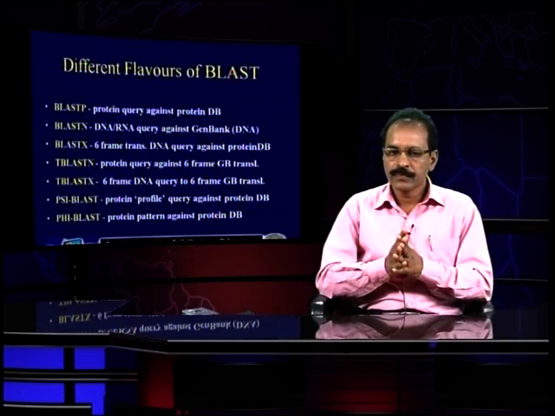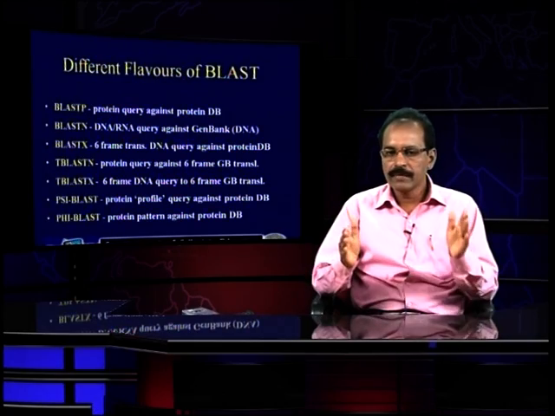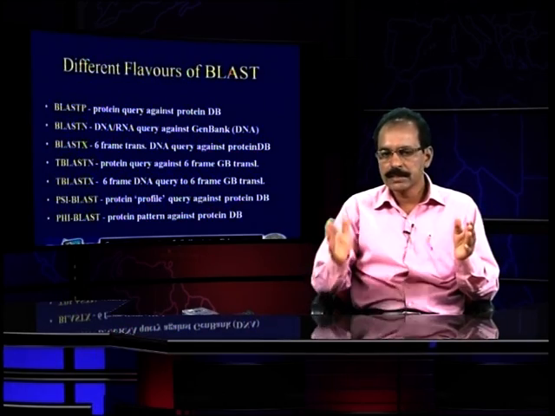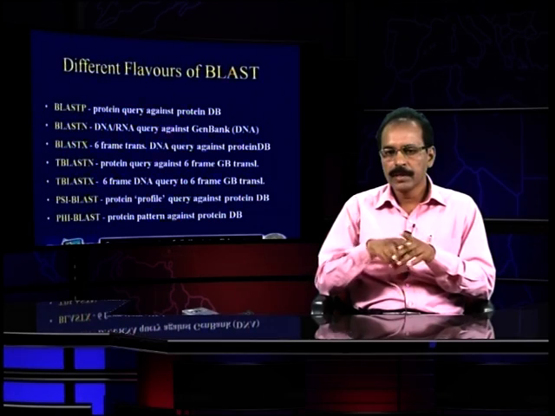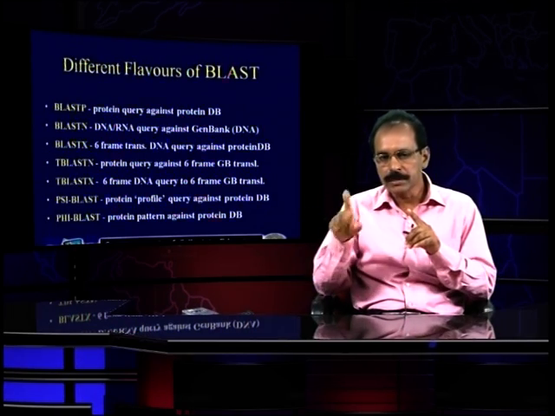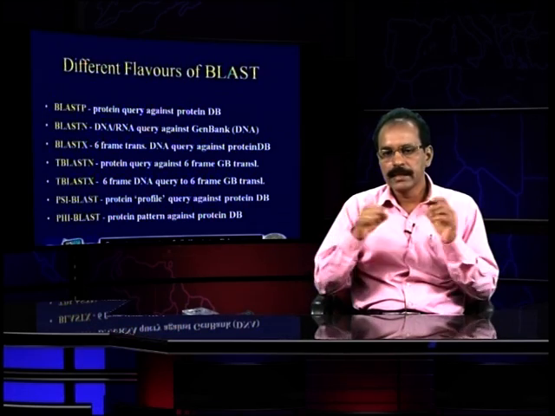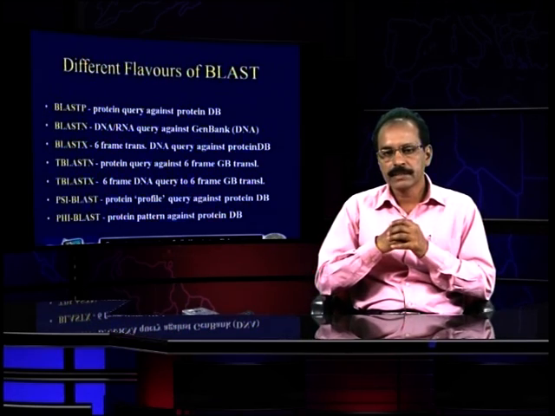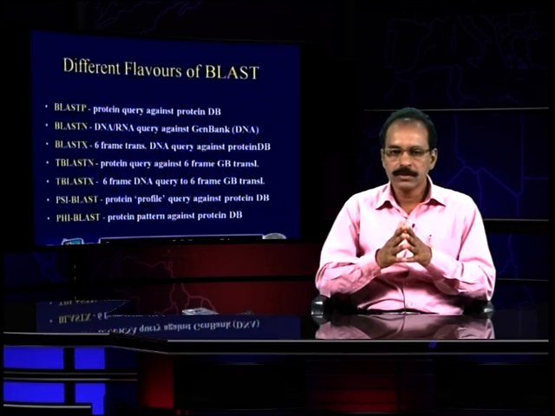What is six-frame? A codon has 3 bases, and the open reading frame runs upward and downward. So 3 bases and 3 bases, it is called a six-frame DNA query. There are also PSI-BLAST and others.